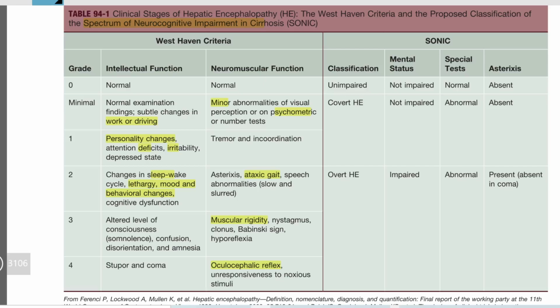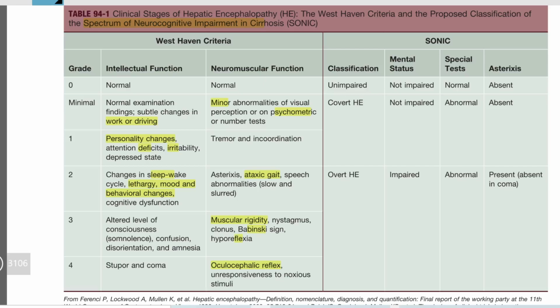In grade 3, there is a gradual dip in the sensorium, presenting with altered level of consciousness. The patient might be somnolent, confused, disoriented, and amnesia will be seen. In neuromuscular function, there will be muscular rigidity, nystagmus, clonus, Babinski sign, and hyporeflexia.